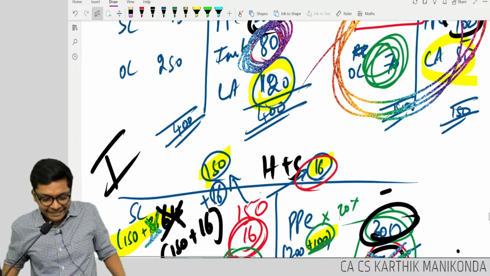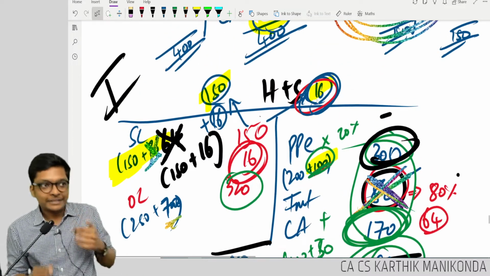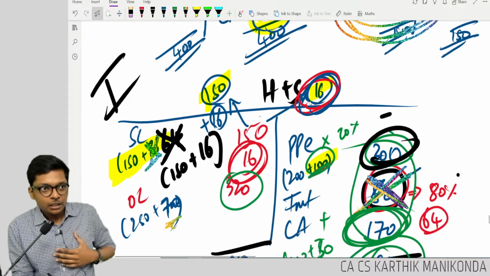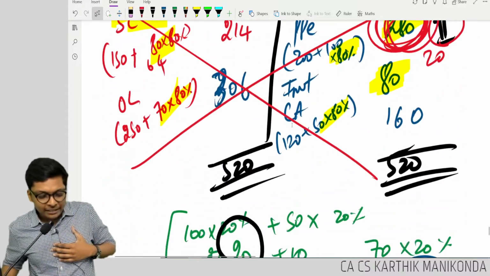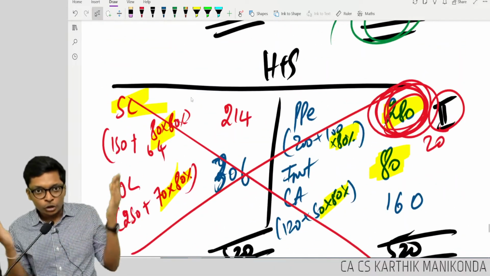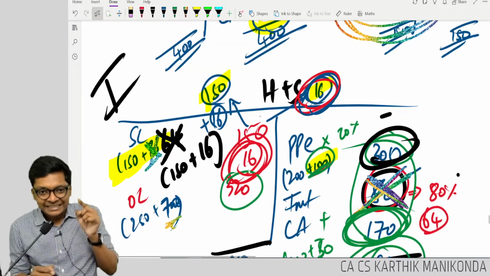This 16 and this 16, same or different? Same. That 16 only is this 16, but instead of doing this detailed computation, when you knock off, automatically and beautifully you will get this 16.